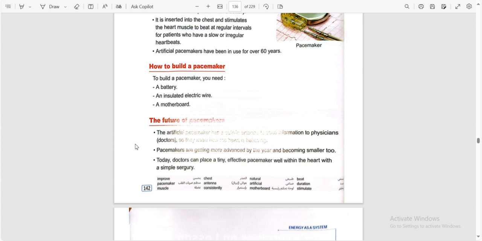In the future, we're trying to make them smaller so they can be easier and safer for the body as well. And of course, it's a very easy surgery. It's not a big problem anymore because, as we have said, it's been in use for over 60 years.